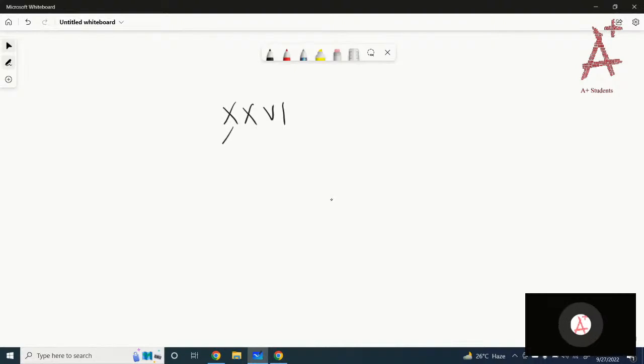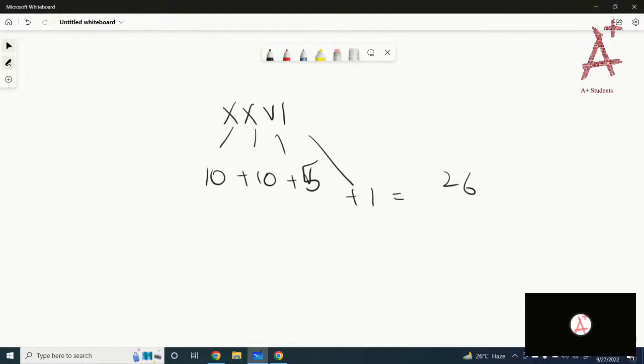We know that X is for 10, again X is for 10, V is for 5, and I is for 1. We have to just add them. So 10 plus 10 is 20, and 5 makes 25, and 1 is 26. Got it? Okay, just move on to the next question.